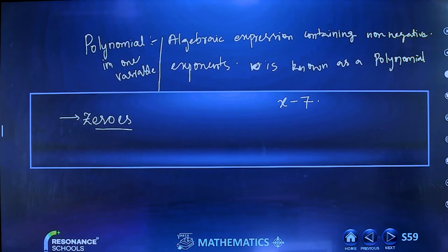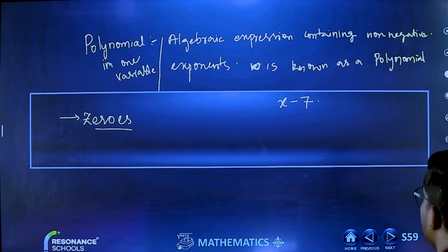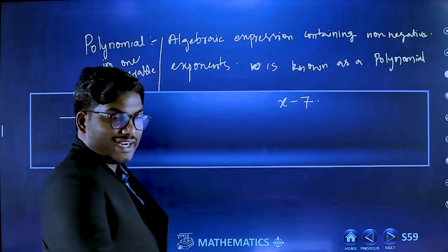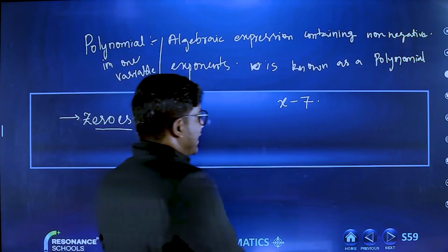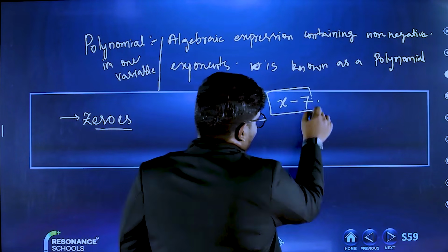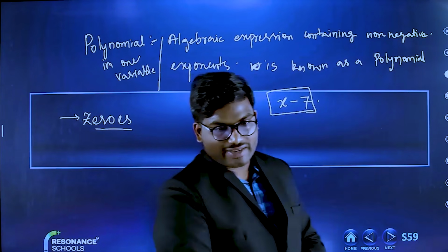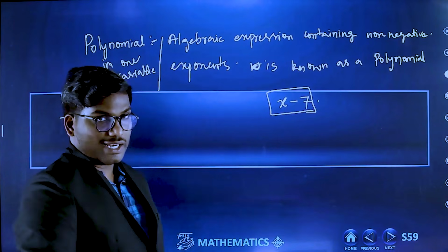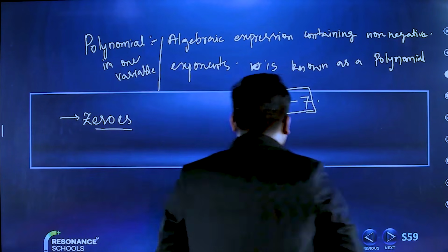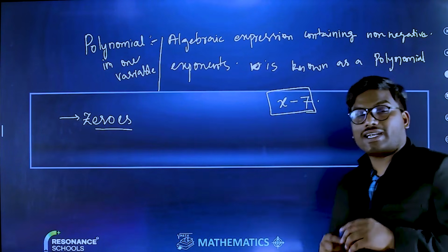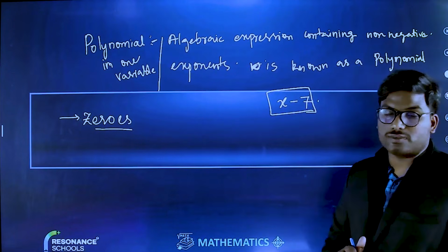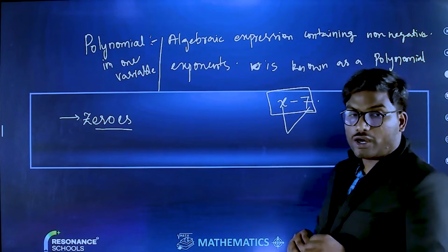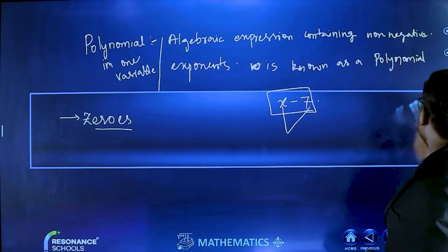An algebraic expression that contains non-negative exponents is known as a polynomial. Now, x minus 7 is not equal to 7x, or even minus 7x. We need to get it right, because remember always that we cannot directly do anything about unlike terms. x and 7 are unlike terms.